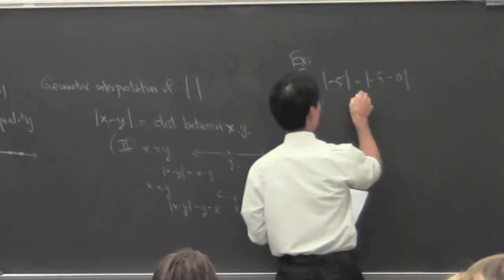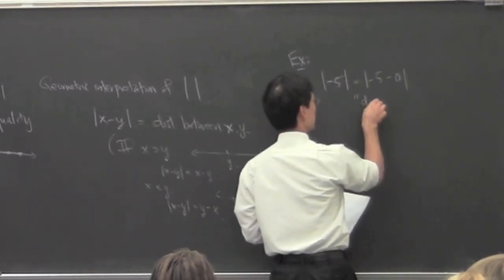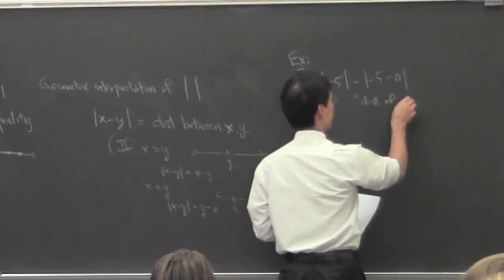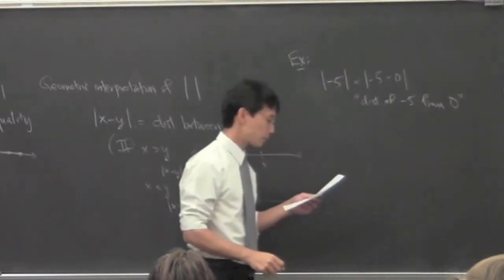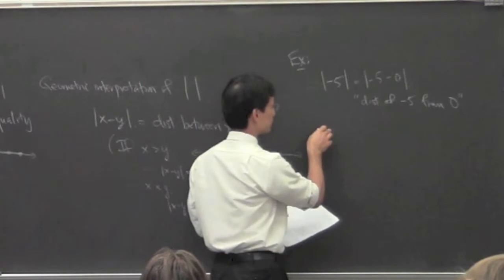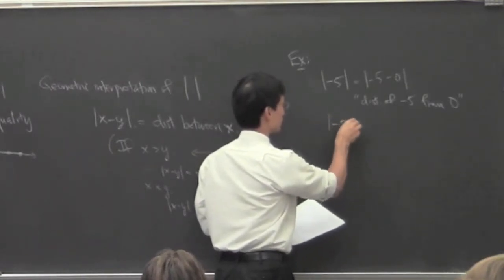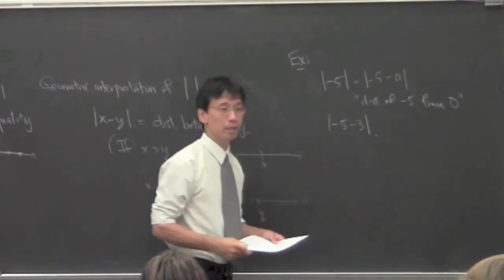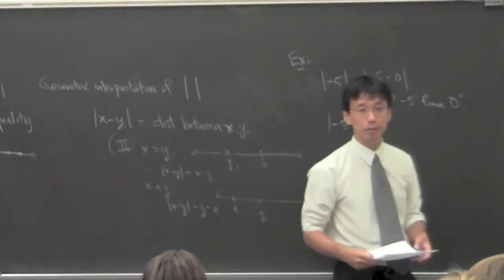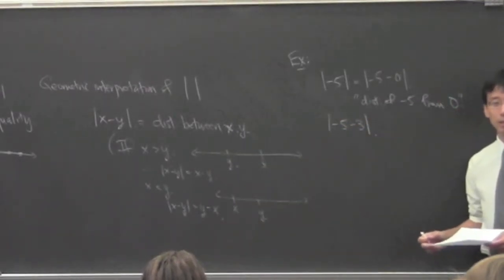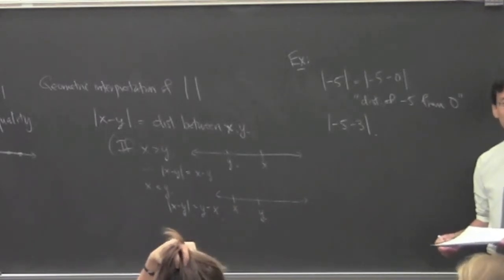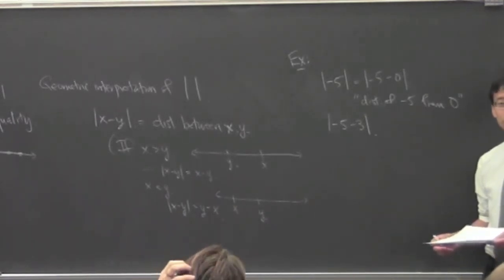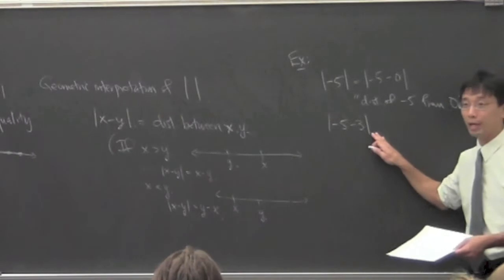It's just a matter of interpretation. Now something like negative 5 minus 3, well, what's that in English? The distance between -5 and 3.